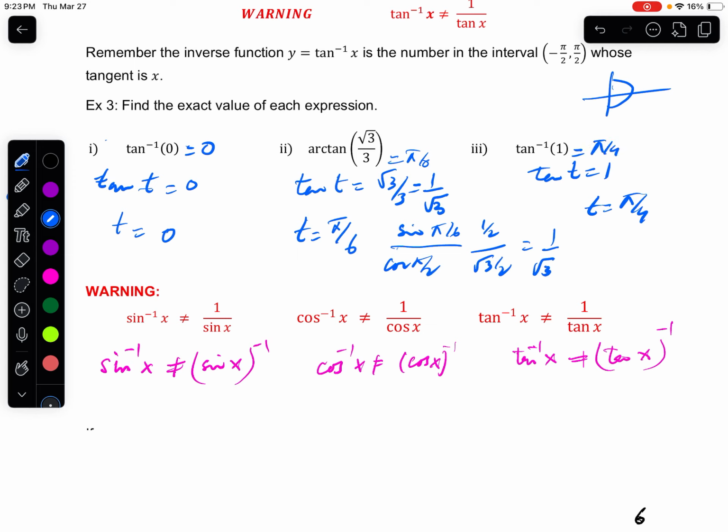Once again, the warning that sine inverse x is not equal to 1 over sine x.